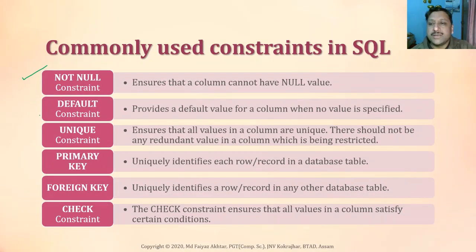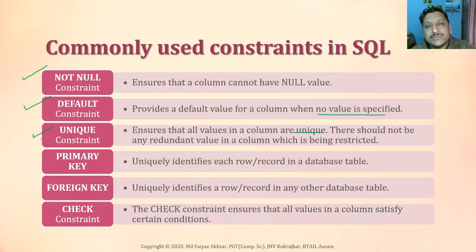Okay, see, the default constraint provides a default value for a column when no value is specified. The unique constraint ensures that all values in a column are unique. There should not be any redundant value in a column which is being restricted.